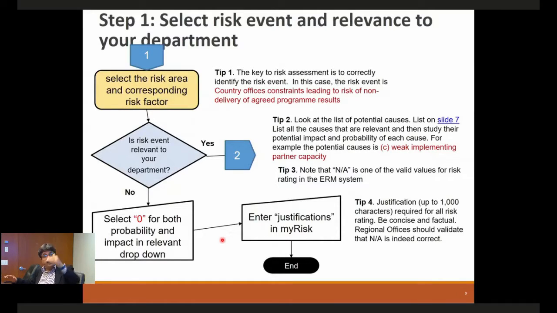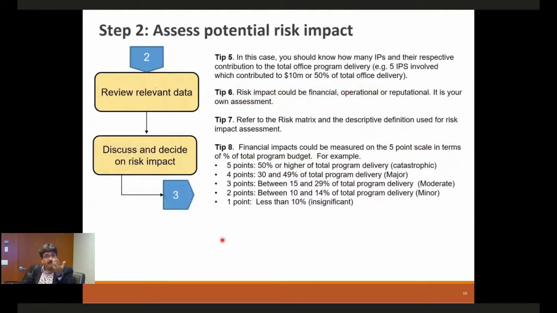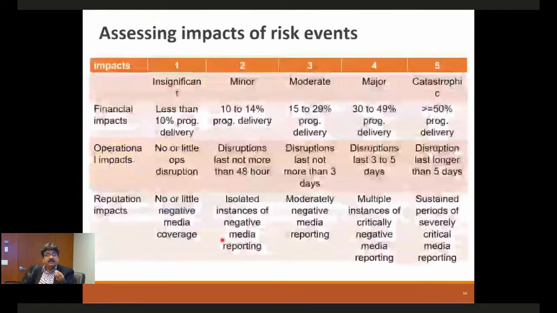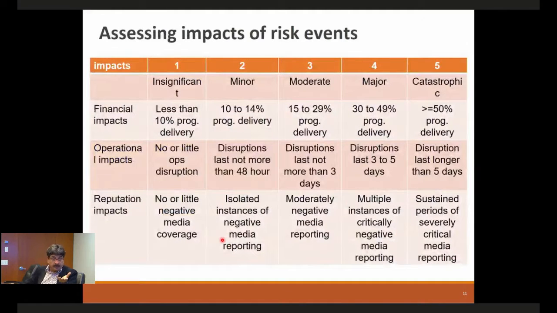And this flow chart gives you in detail how you do the assessment. First, see the applicability, then review the relevant data, decide the impact, and the different types of impact. There could be financial impact, operational impact, and reputational impact.